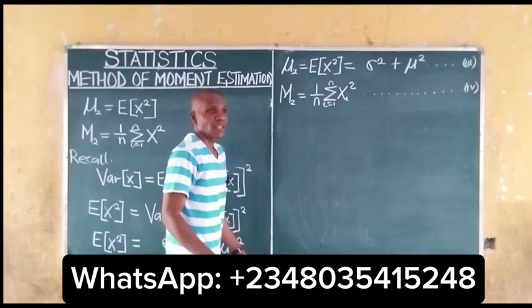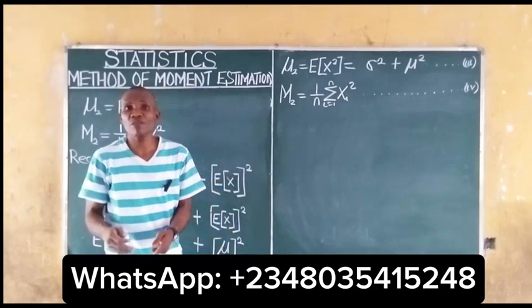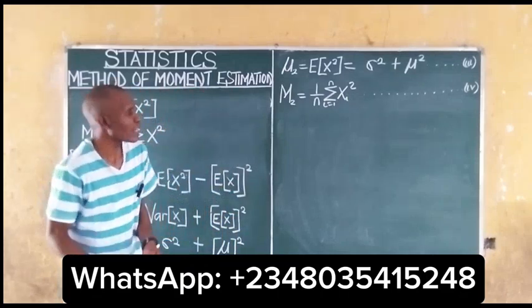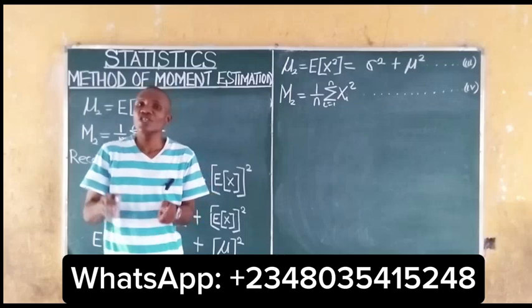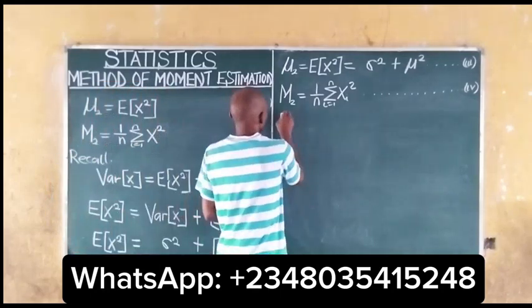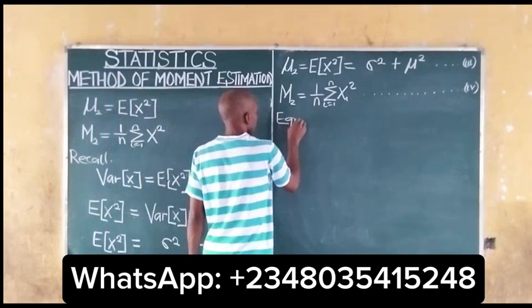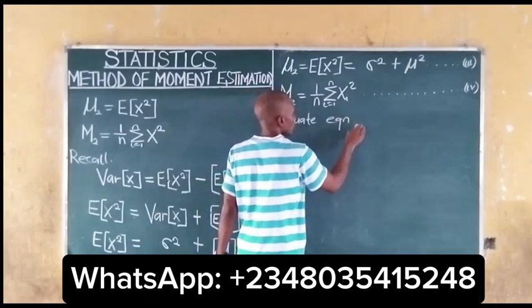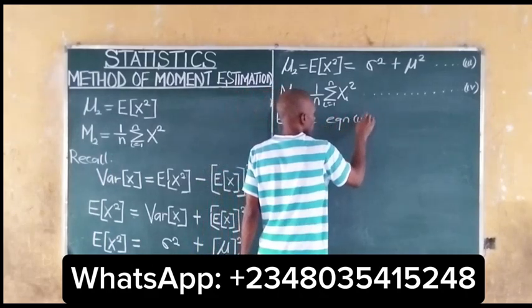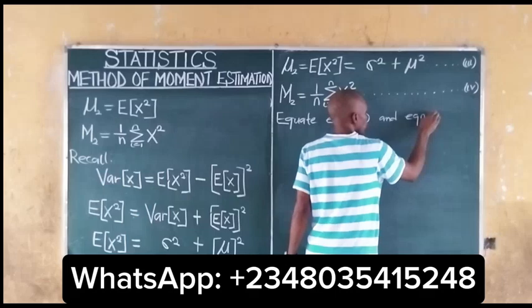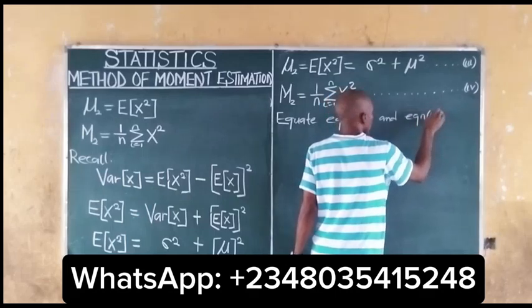What do we do next? We said the solution to the method of moments: to get the method of moments of an unknown parameter, we have to equate the population mean to the sample mean. Now, we equate equation 3 and equation 4.